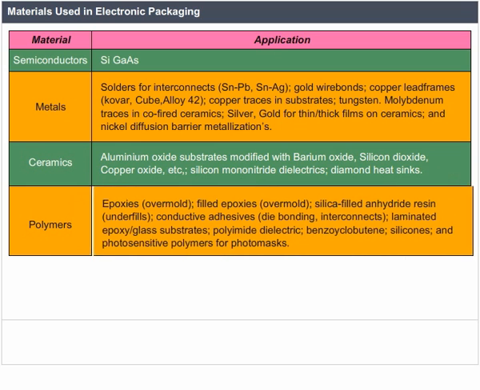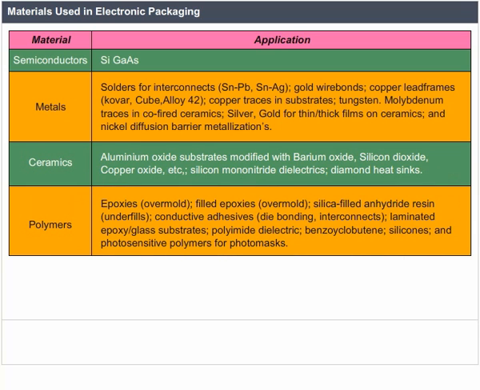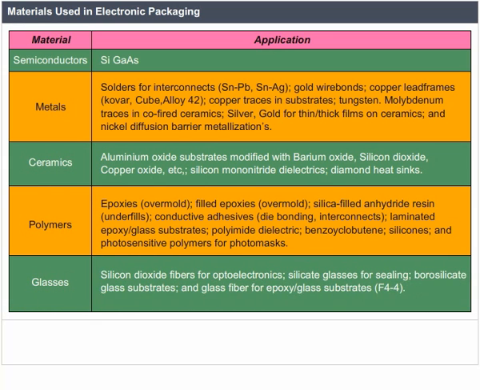Applications: epoxies, filled epoxies, silica filled anhydride resin, conductive adhesives, laminated epoxy, glass substrates, polyimide dielectric, benzocyclobutene, silicones and photosensitive polymers for photomasks. Material: glasses. Applications: silicon dioxide fibers for optoelectronics, silicate glasses for sealing, borosilicate glass substrates, and glass fiber for epoxy or glass substrates.